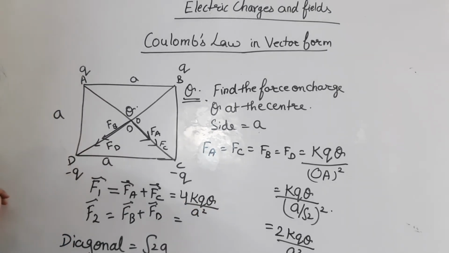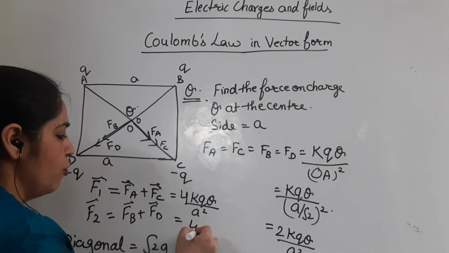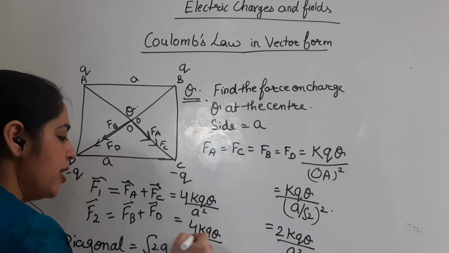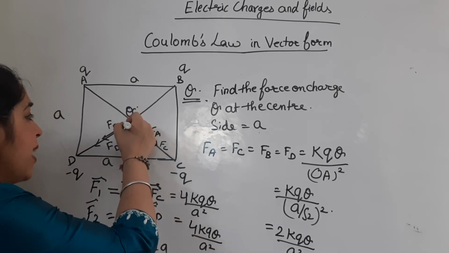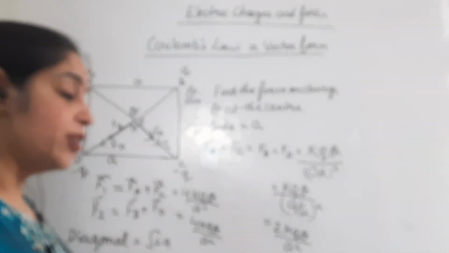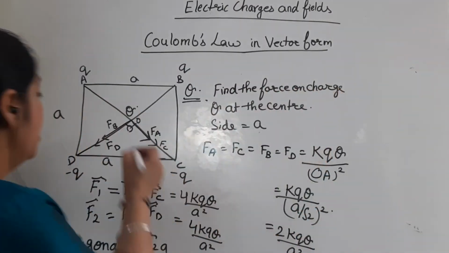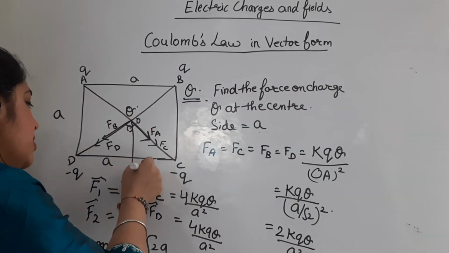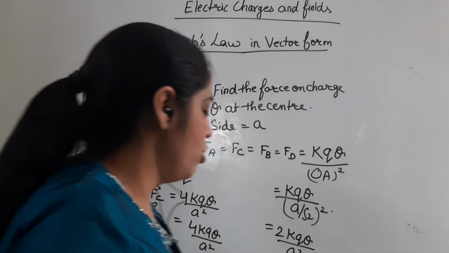Similarly, if you write FB plus FD, that will also be 4kqQ upon A square. Now, what is the angle between the two? These are just like the two sides of a parallelogram. The resultant will be given by the diagonal. So, this is the resultant F. The angle is 90 degrees.